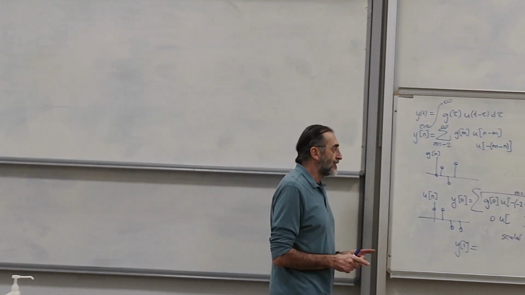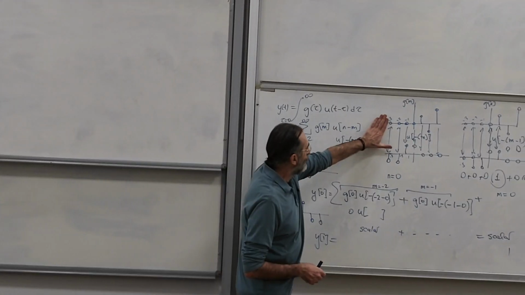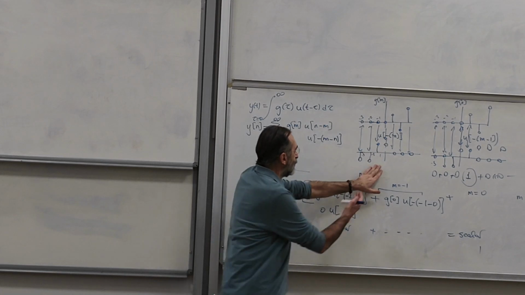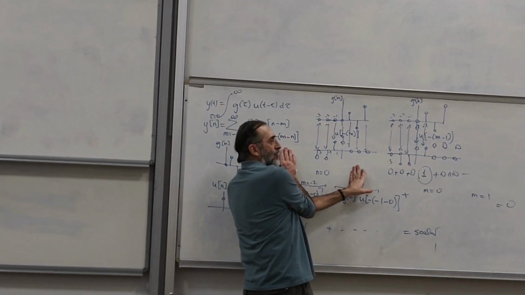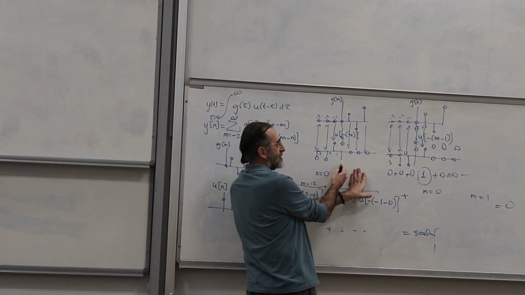Learn the trick. So first, you take G, and then you switch over the y axis the input. Right? And then you take the G, the system, you take the switch over and shift it by 1. Just like this time.